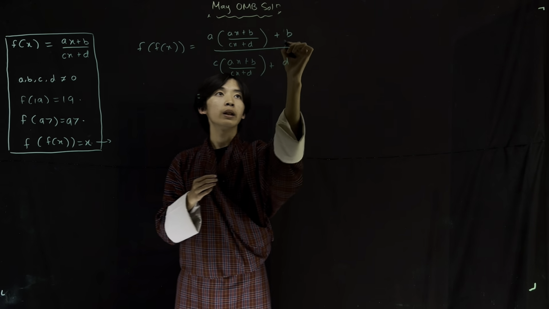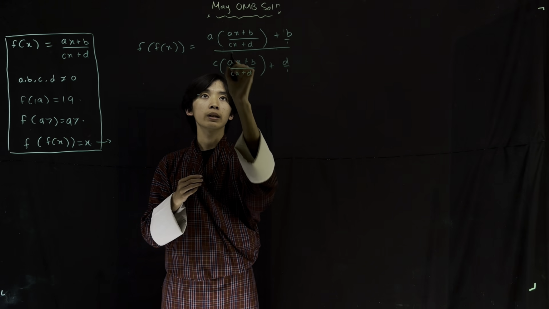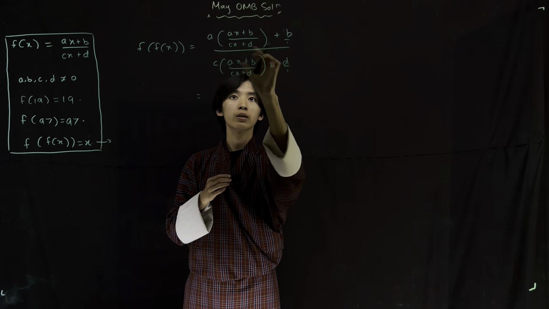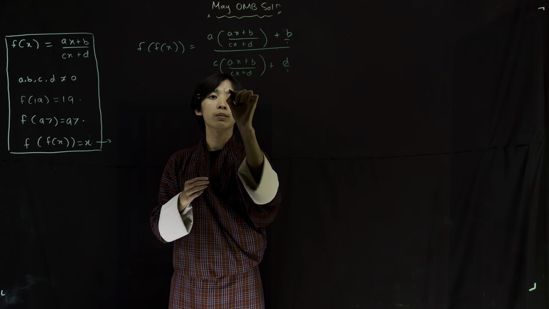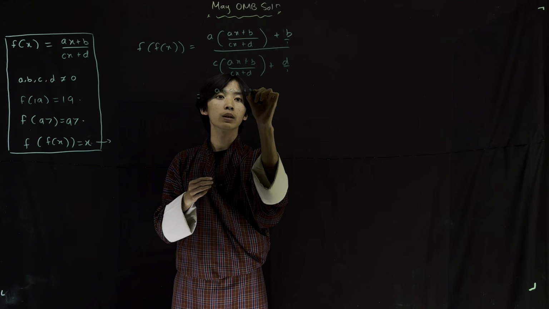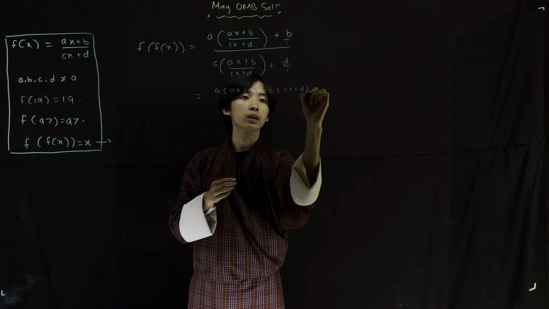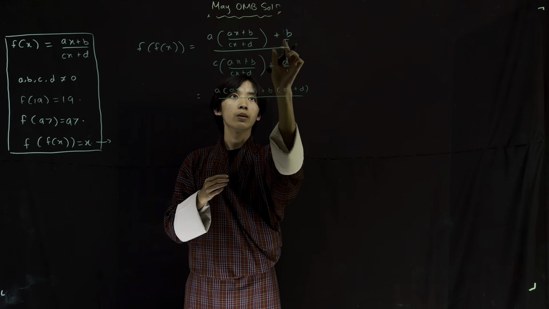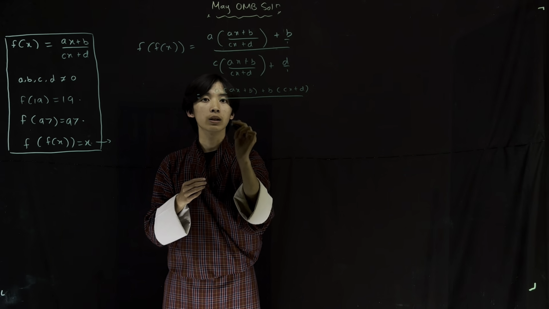We can see that both the whole numerator and the denominator have the same denominator here, so we can cancel it, and upon multiplying we will get a times (ax plus b) times (cx plus d). And since the denominator for the whole numerator and the whole denominator is the same, we can just cancel it.